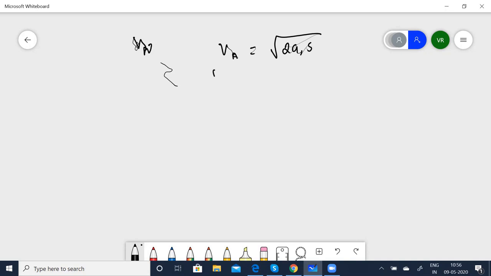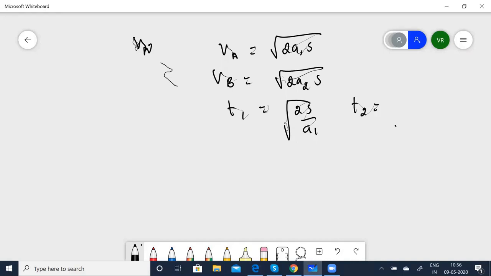In the same way, vB is equal to root of 2a2s. And time t1 is equal to root of 2s by a1, and t2 is equal to root of 2s by a2. We get this from the equation s = ut + half at squared.